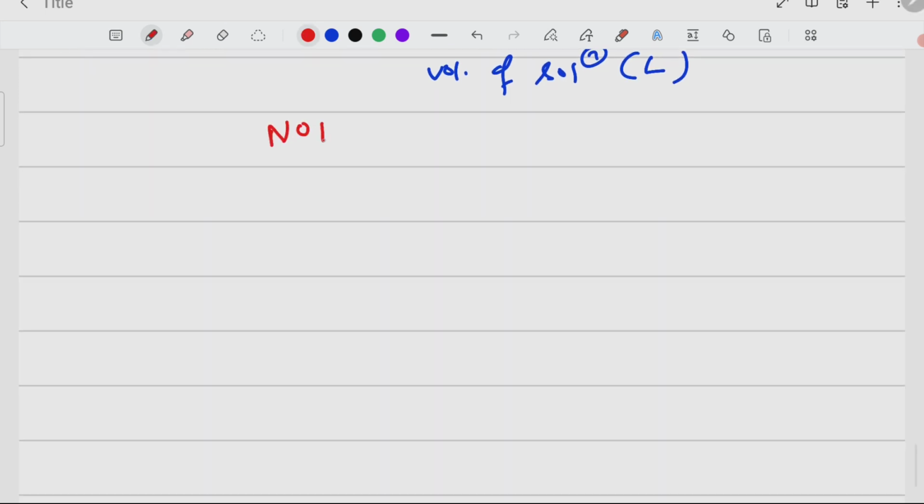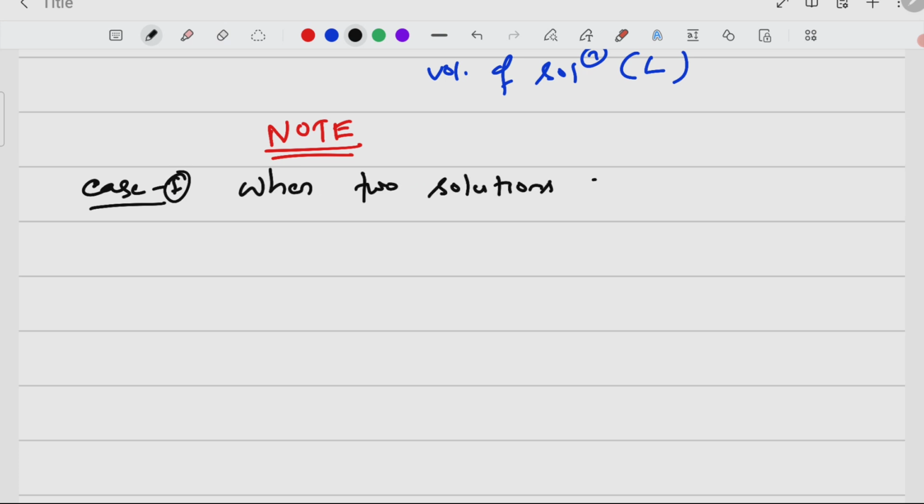Remember the last relation: when two solutions of the same solute are mixed, how do we find the new molarity?